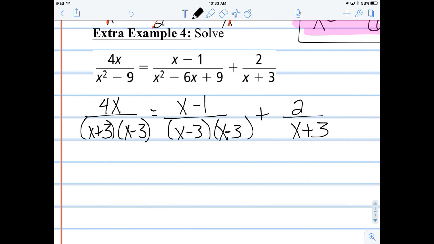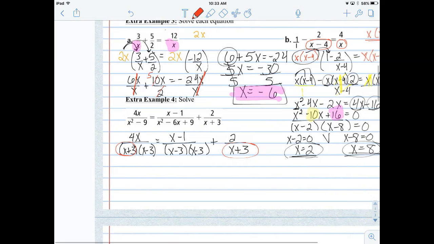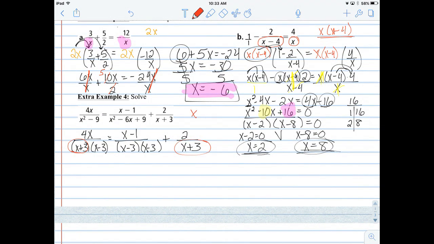Okay, so now deciding what our common denominator is. Well, I'm going to need an x plus 3 for that one, but that will also take care of that one there. So I'm going to need an x plus 3. So my common denominator, zoom out a little bit, is going to have to be x plus 3 for one of them. And then I'm going to need an x minus 3 to take care of that one, but that will take care of one of those. But I also have one other x minus 3 that we haven't done anything with, so I'm going to need another x minus 3.